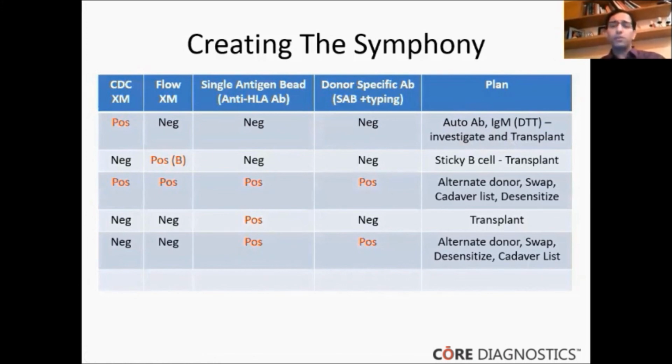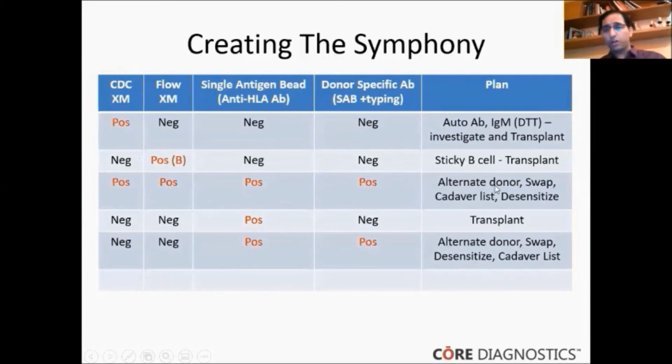So you should be able to go ahead and do the transplant. If you have a flow crossmatch which is positive with single antigen bead which is negative and there are no donor-specific antibodies, usually it's a sticky B-cell, a B-cell flow, and you can move forward with the transplant with no extra immunosuppression.